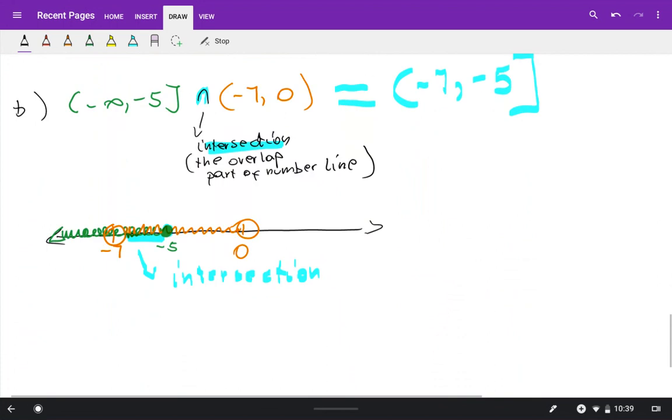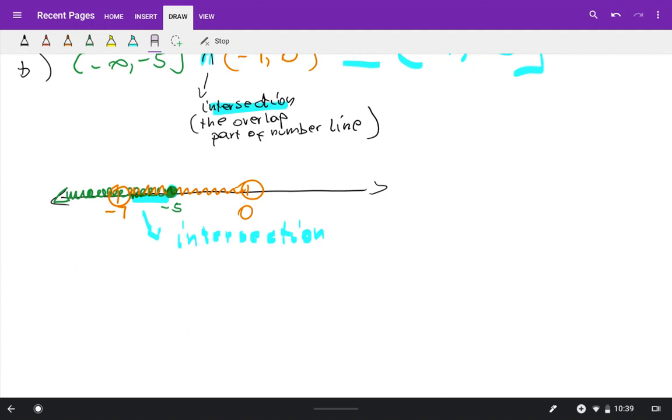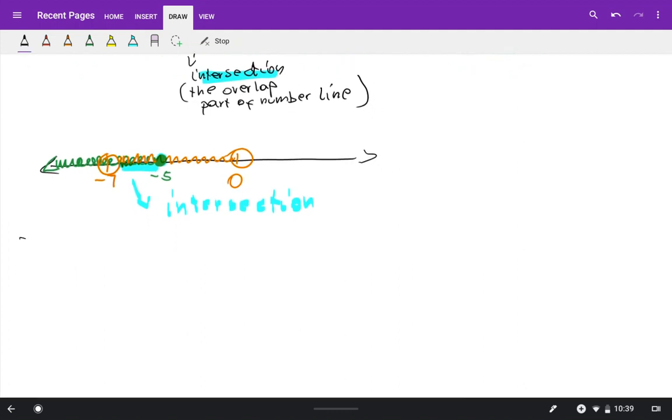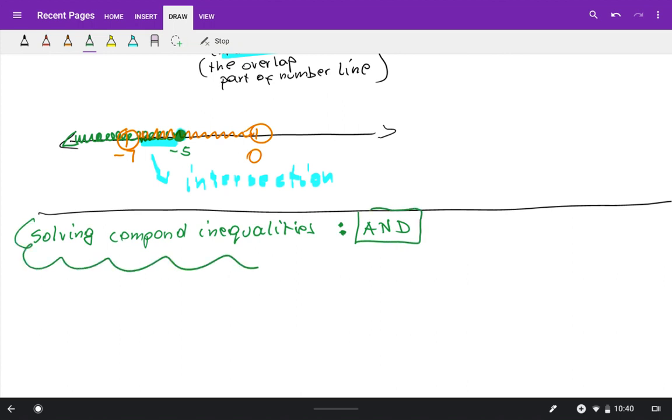Okay. Next one. Since we know already what is intersection and union, we're going to focus right now on solving compound inequalities with the word "and". And means intersection, okay? So "and" stands for intersection. Okay, so let me write this down.